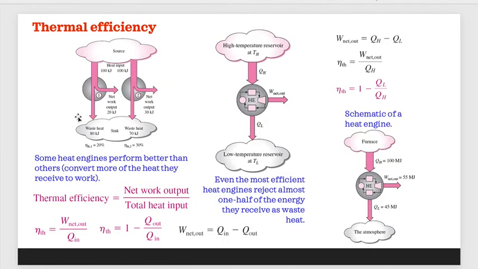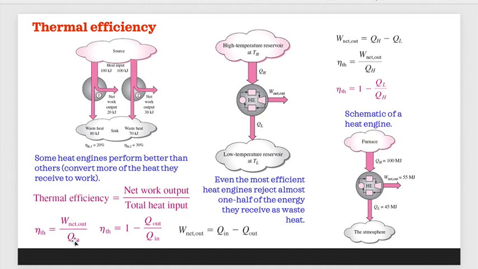So for a heat engine, the desired output is the net output. The definition of thermal efficiency is the net output divided by the total heat input.